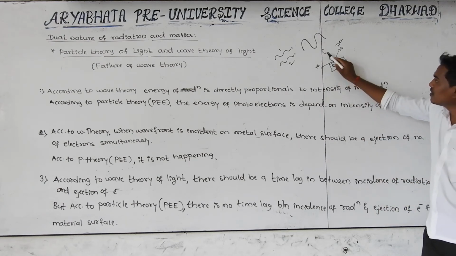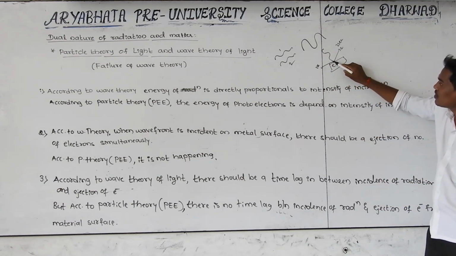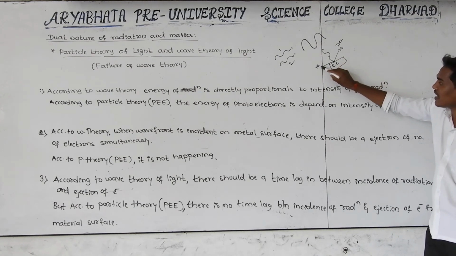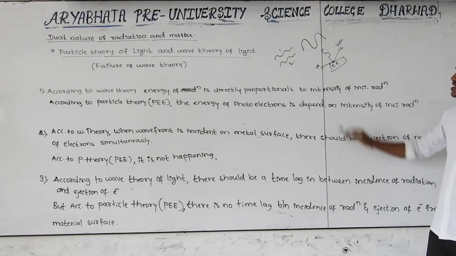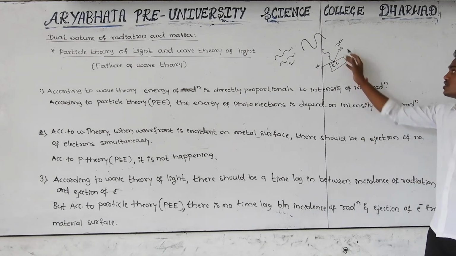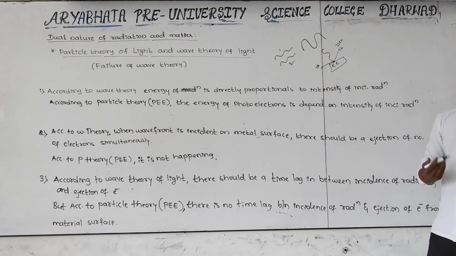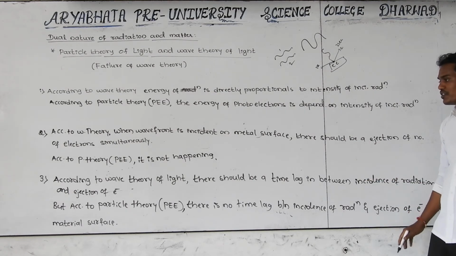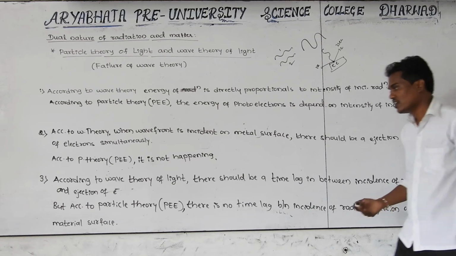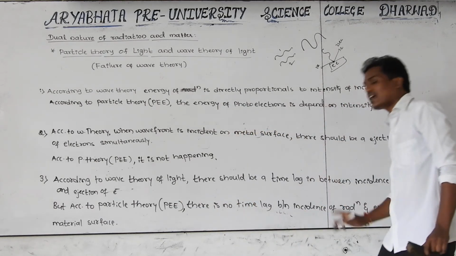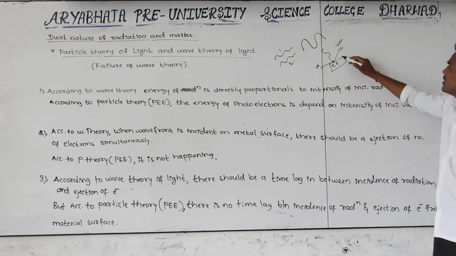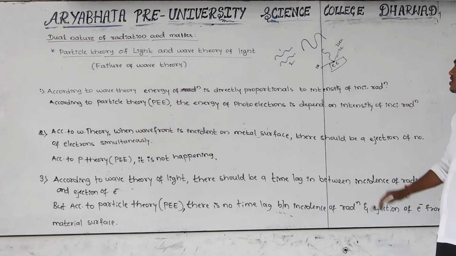Wave theory says that after incidence, for example, when the light is incident on the metal surface, the time is 1 second. After 2 seconds, for example, the electron is emitted. Means there is a time difference. This process will take some time. Getting? This is according to wave theory, but according to particle theory, in the photoelectric effect here, there is no time lag between the ejection of the electron and the incidence.